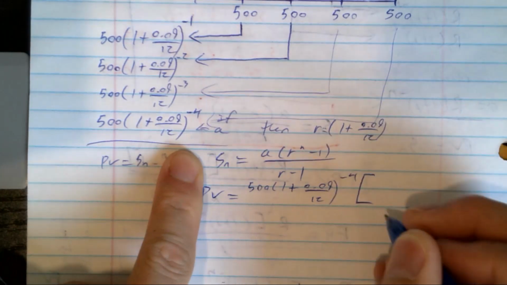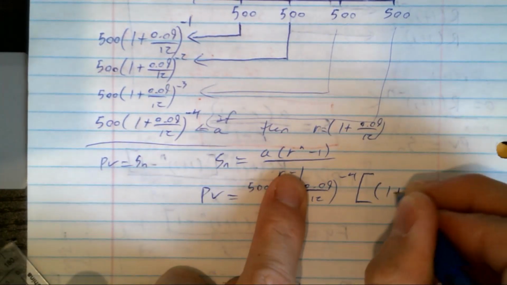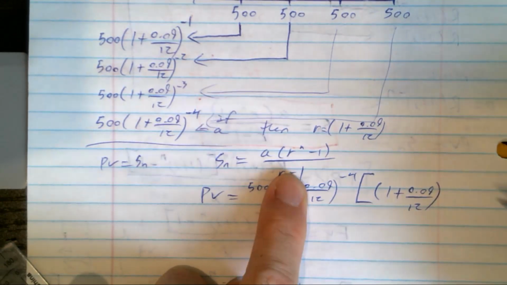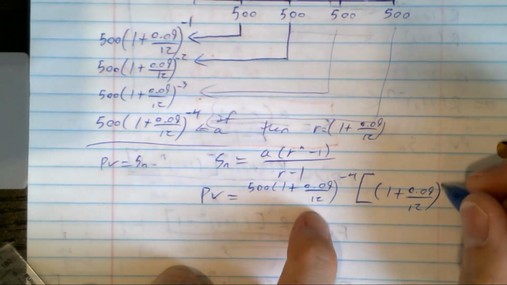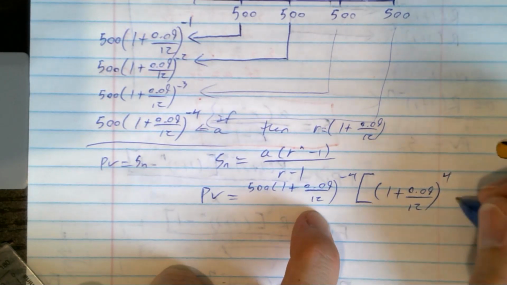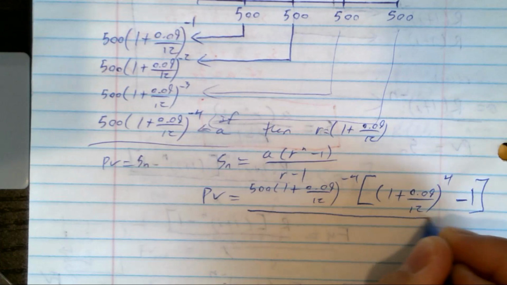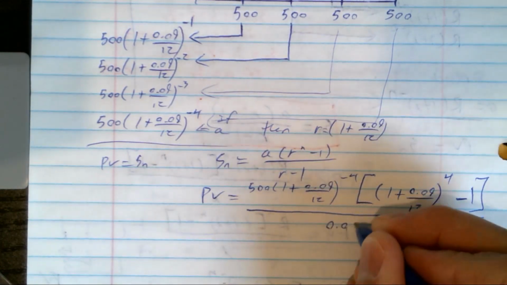Then we have the common ratio of 1 plus i, 1 plus 0.09 divided by 12 to the exponent, the number of terms that I have, that's positive 4, minus 1 because of the formula, all over 0.09 divided by 12.